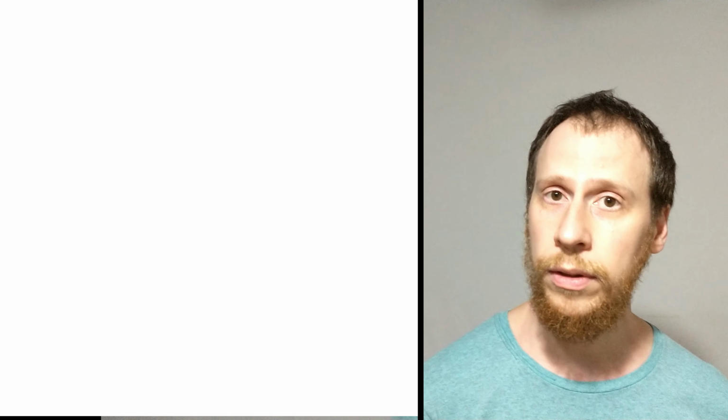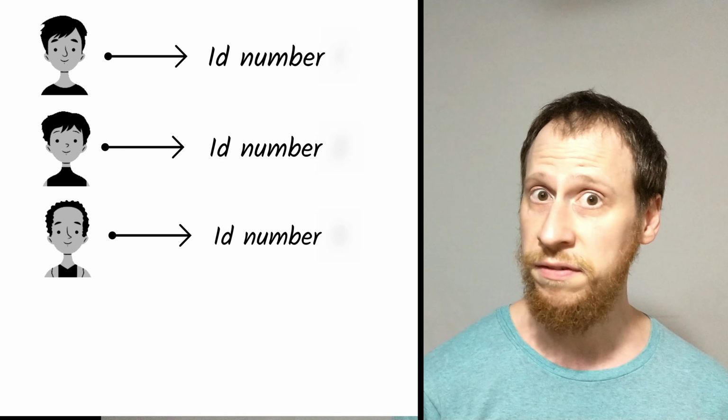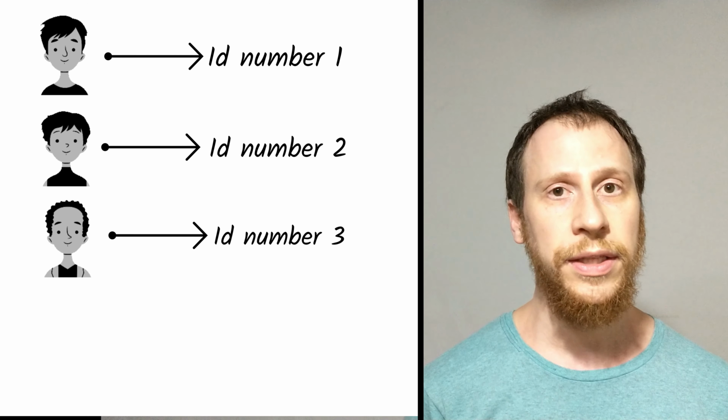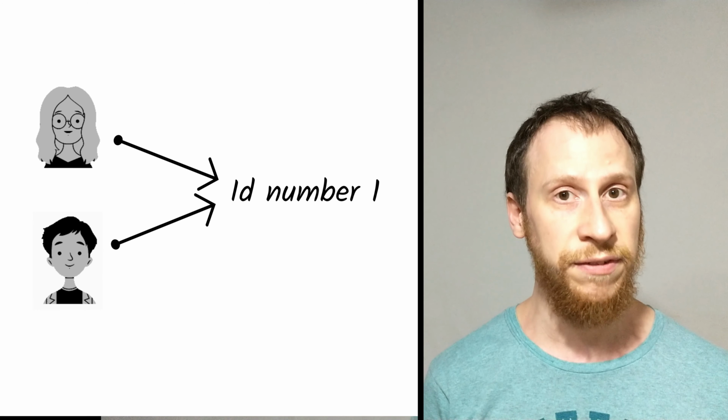But if instead of considering all the people in the world, we consider only the people within a certain country, and instead of assigning their ages, we assign their identification number, then this will be an injective function because in that particular country we will not be able to find two different people with the same identification number.